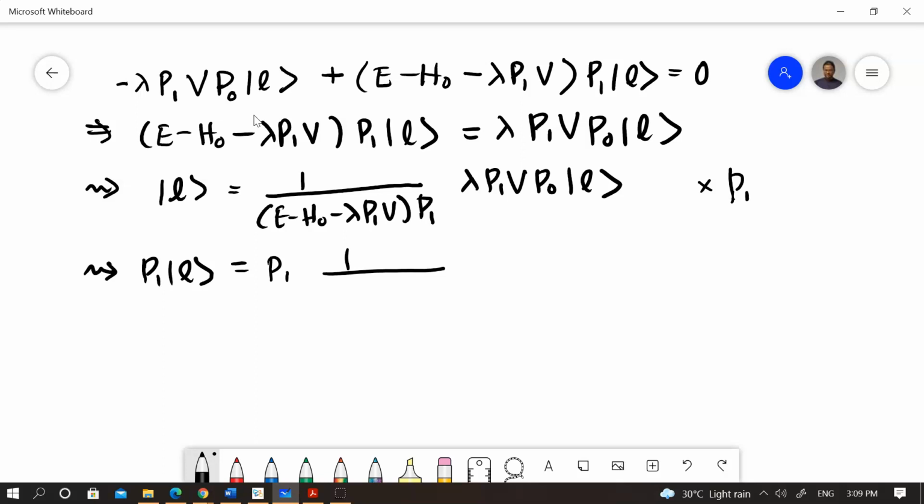Being careful here, maybe I should write the lambda. Lambda is just a parameter, so I can bring this up to the numerator: E minus H naught minus lambda P1 V P1, and then P1 V P naught.